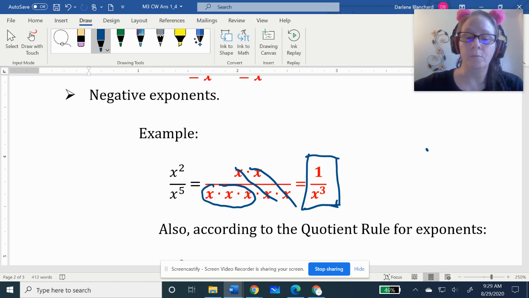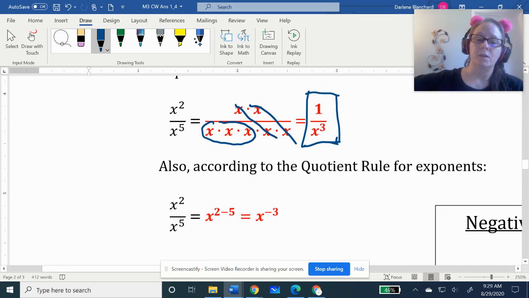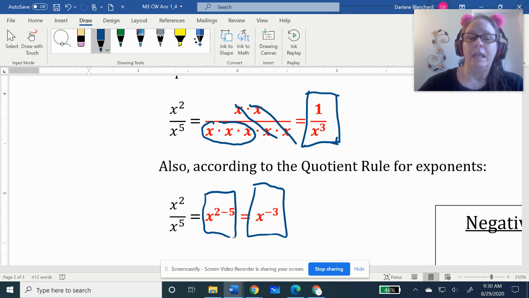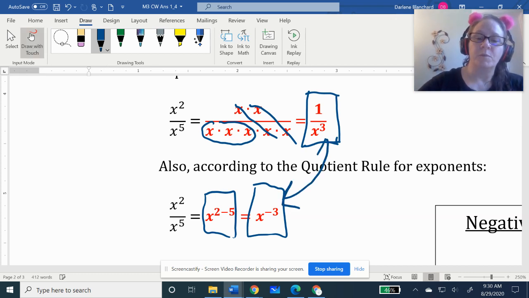Now the quotient rule tells us that we are to subtract in the order of the numerator exponent minus the denominator exponent. If I do that, then I'm subtracting 2 minus 5. That gives me a negative number for my exponent. So both of these come from the same source.